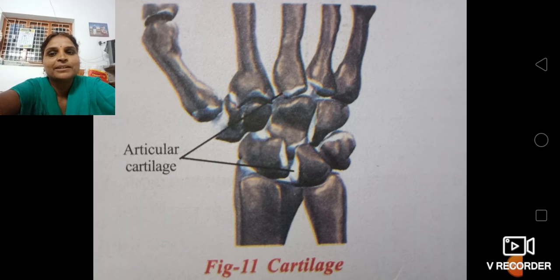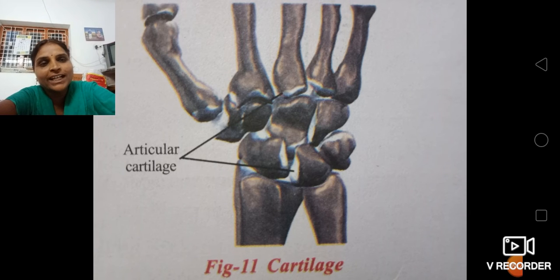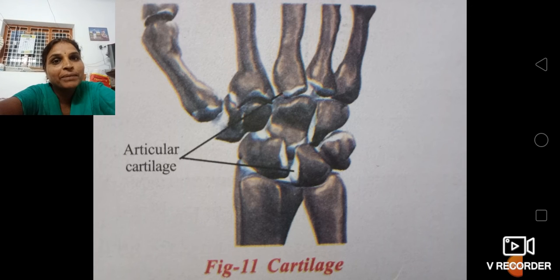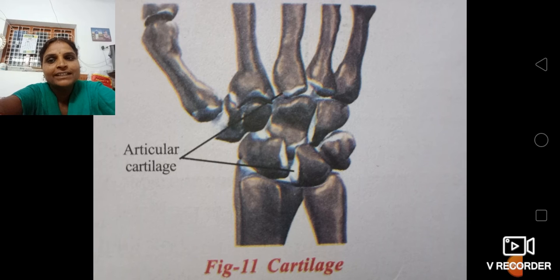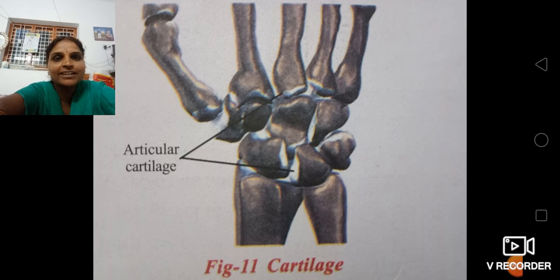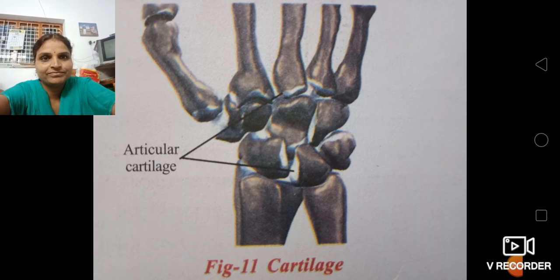These fibers are made up of a protein called collagen. It is very elastic in nature. What is the ligament? A bone attached to another bone is held by the ligament.